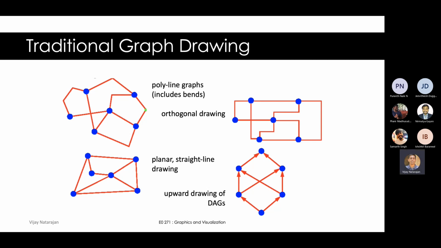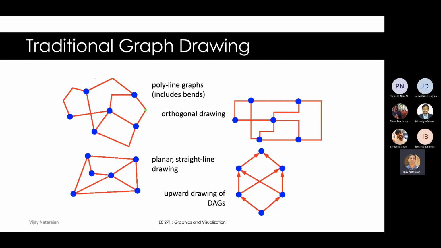You can try to pose a constraint that you want only straight line edges and still try to reduce clutter. So this is shown on the bottom left. If there is some hierarchy, you want to highlight that in your graph.